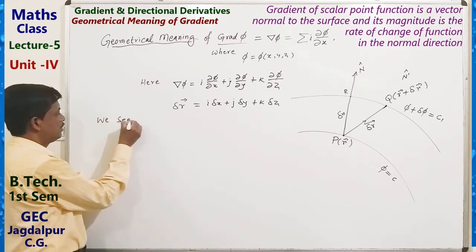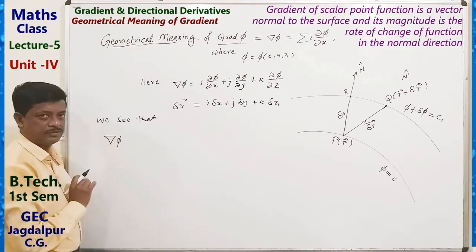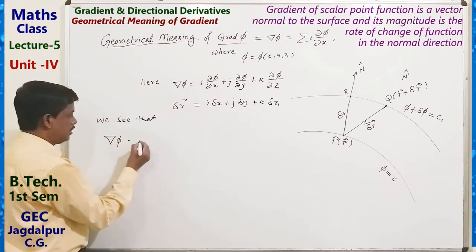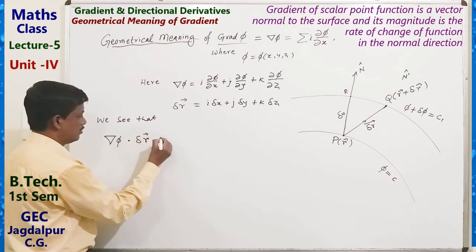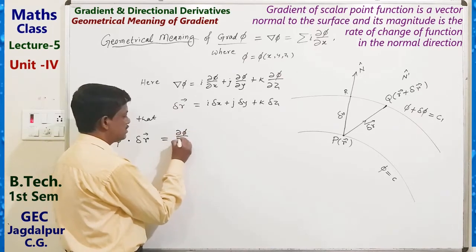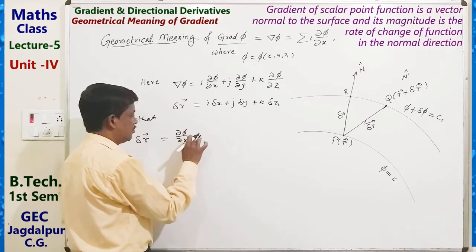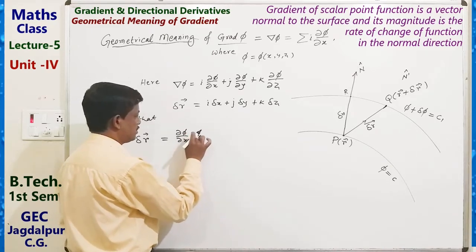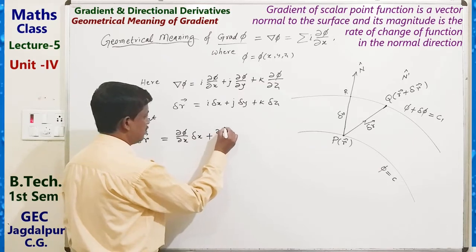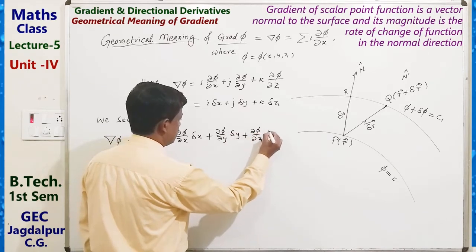If we take the dot product of del phi and vector delta r, then we get del phi by del x delta x plus del phi by del y delta y plus del phi by del z delta z.